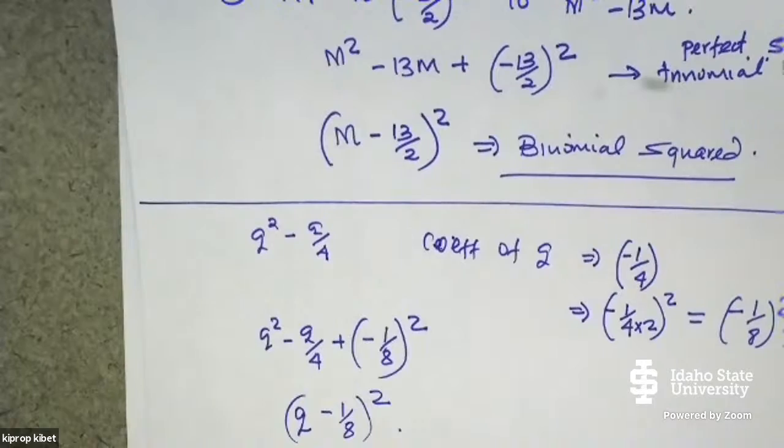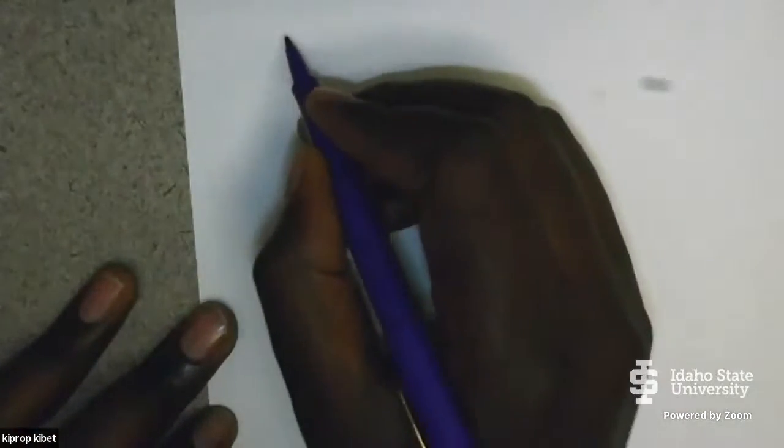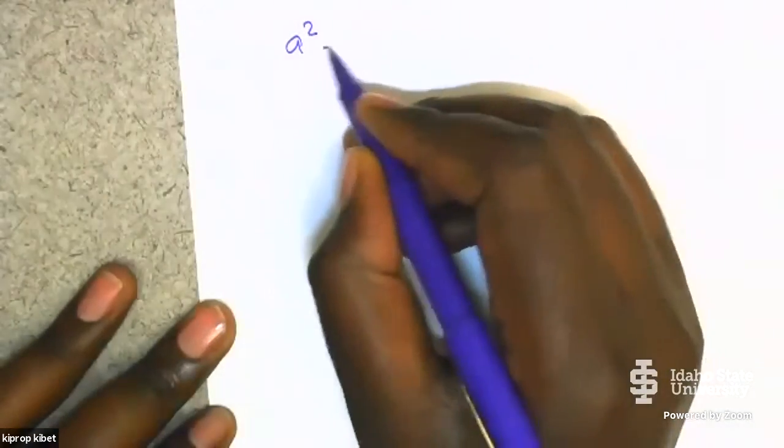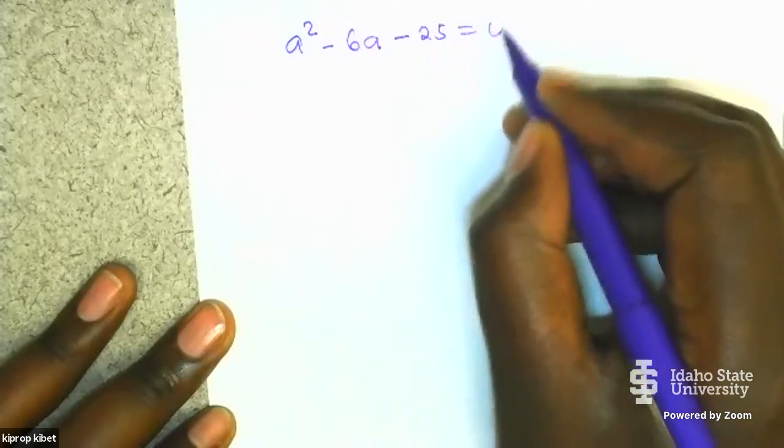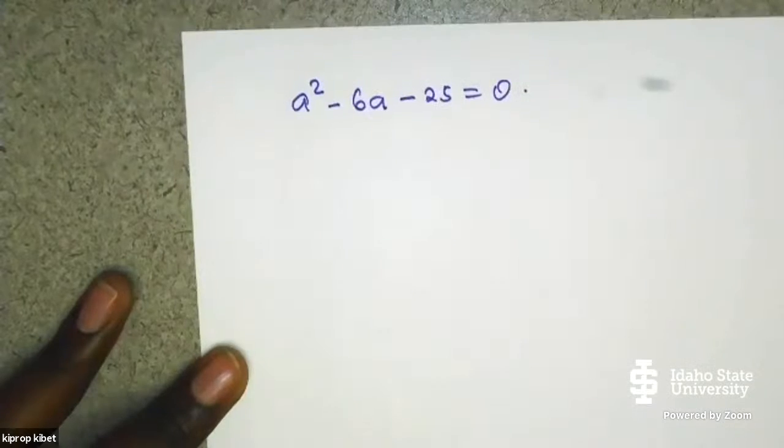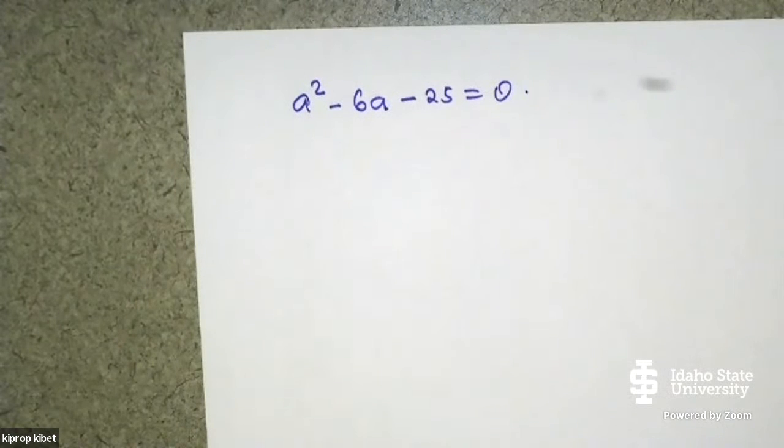Now, if we are given an equation of the form, let's say a squared minus 6a minus 25 equals 0, using completing the square, how would we do it?